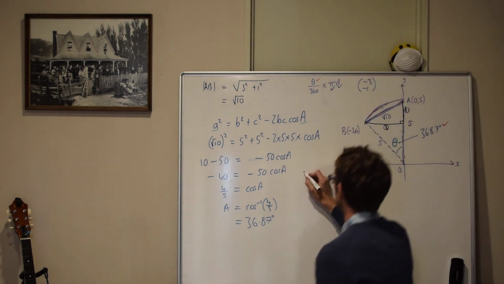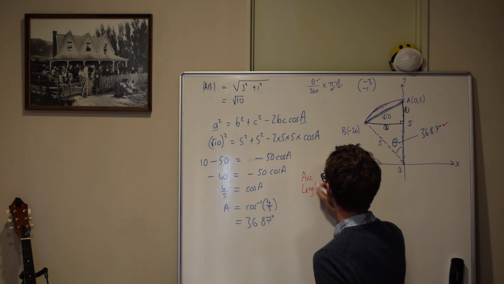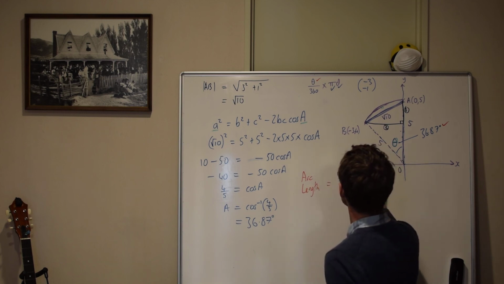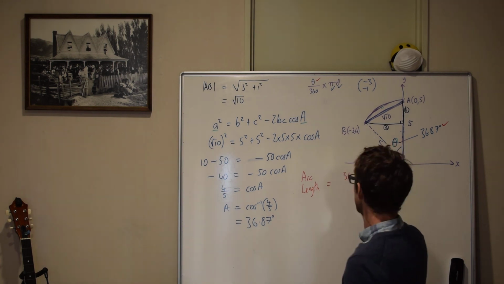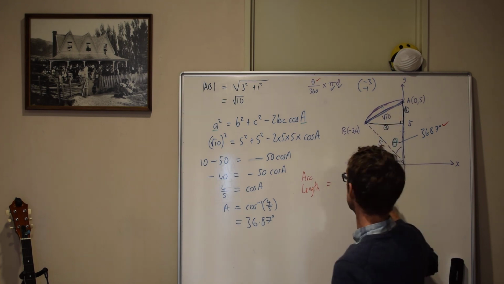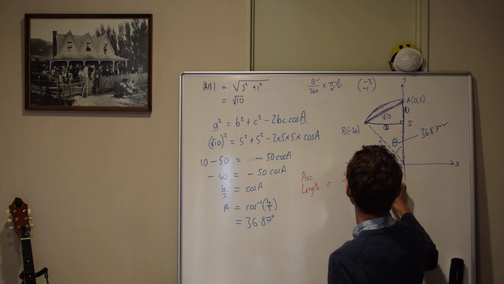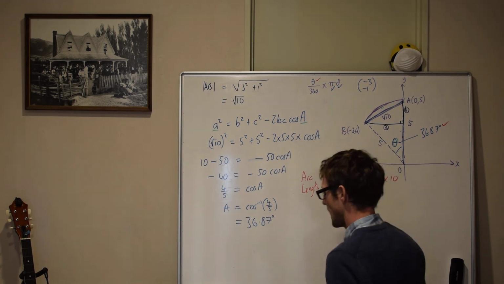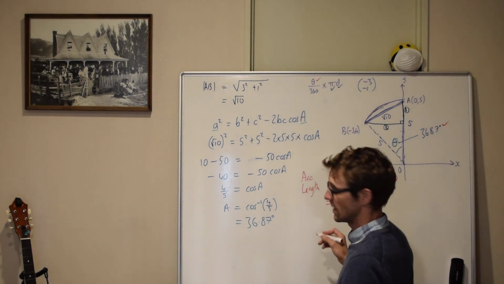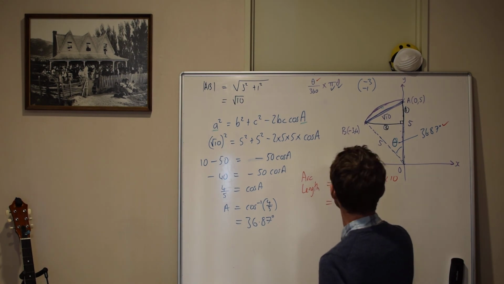So arc length equals 36.87, that's this angle here, divided by 360, because that's the fraction of the circle that we're dealing with, and then we're going to multiply it by pi times 10. And if you put this into your calculator, and you can pause and do it now if you didn't manage to get this, you should get, well, I'm getting 3.22.